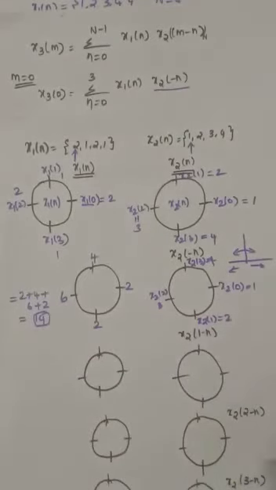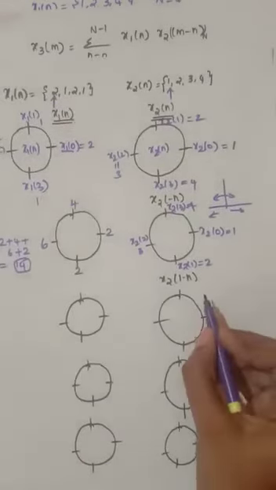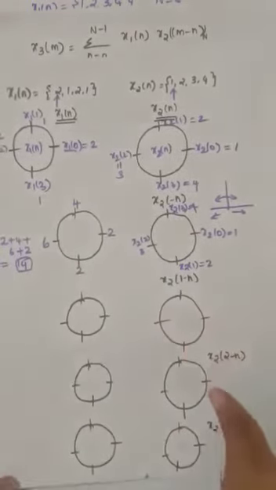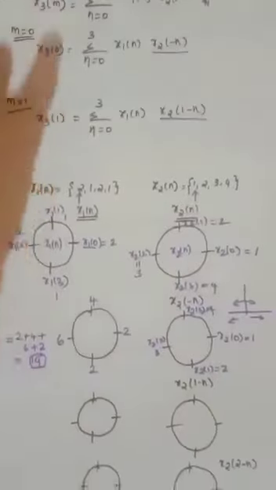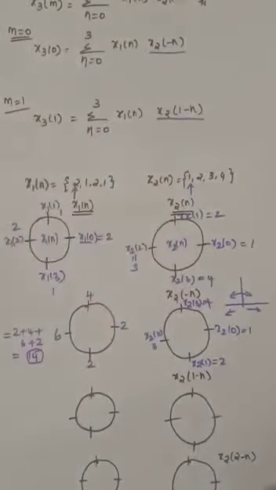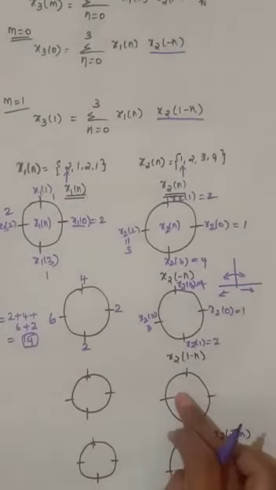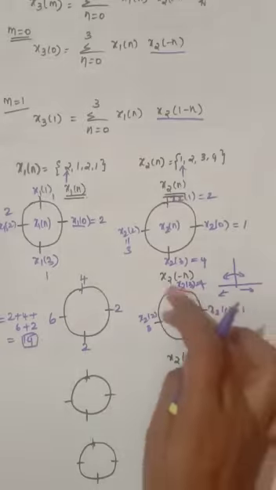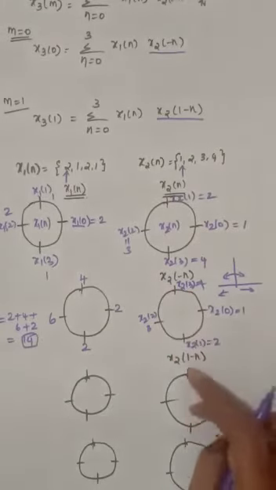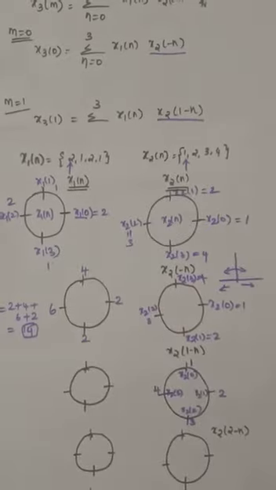Similarly, I need to perform the remaining ones. In order to find x3 of 1, I need to find x2 of 1 minus n. If I shift this once, it is enough, and I will get x2 of 1 minus n.